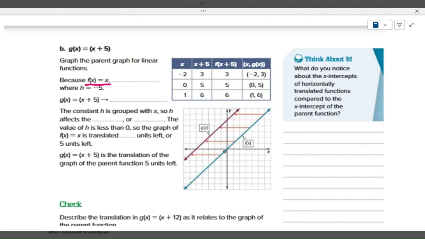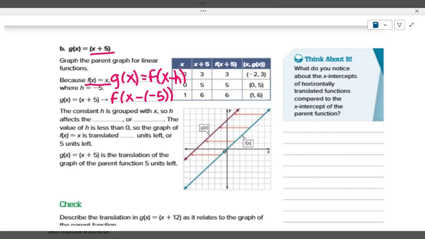And what we see happening is g of x is equal to f of x minus some value of h. So we see from the example, we have x plus 5. So we know that this transformation is f of x minus a negative 5.